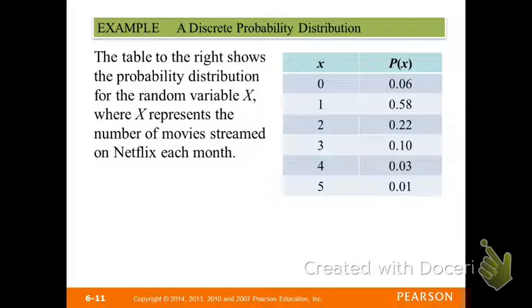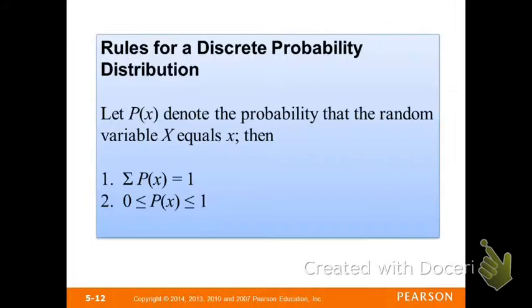So anyway, this is a discrete probability distribution, and the rules for a discrete probability distribution, just like in our previous chapter: the sum of the probabilities has to equal 1. So that first characteristic, the sum of all the probabilities of x has to equal 1, and all the probabilities have to be between 0 and 1 for it to be a probability distribution.